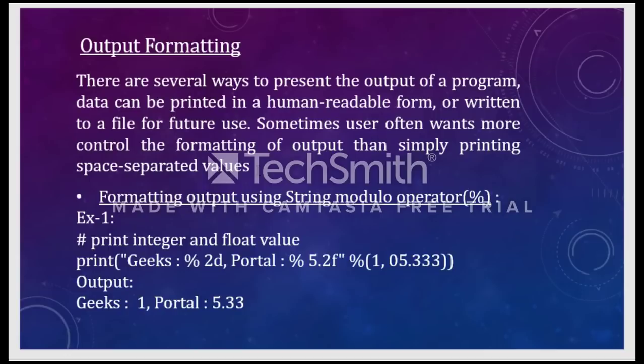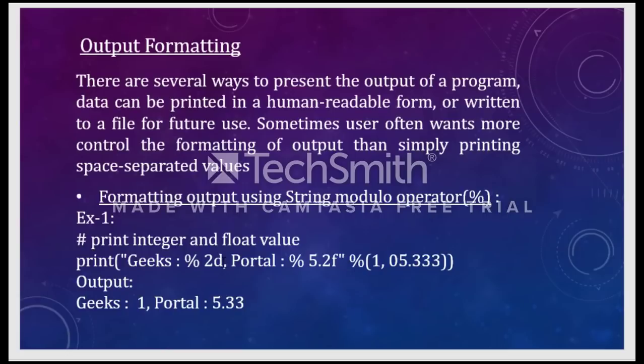Now what are this 2d and 2f? Here d stands for integer value and f stands for float value. Like we use percentage d and percentage f in C programming, similarly I am using them here.